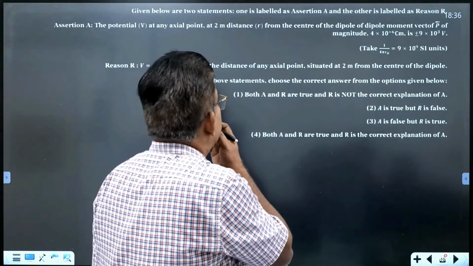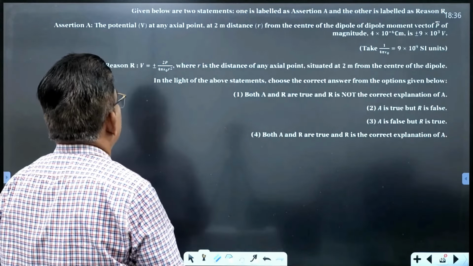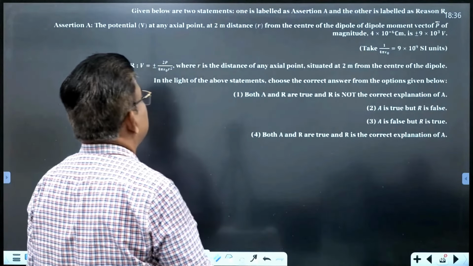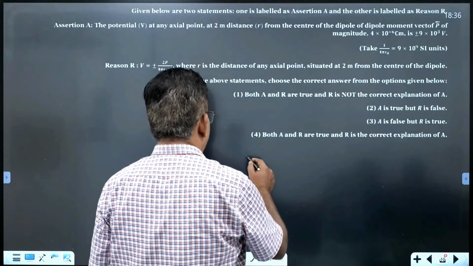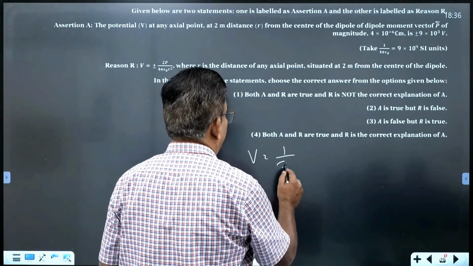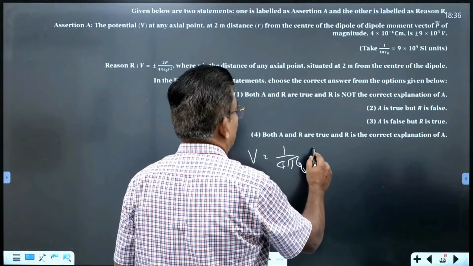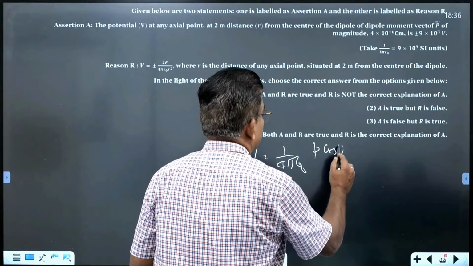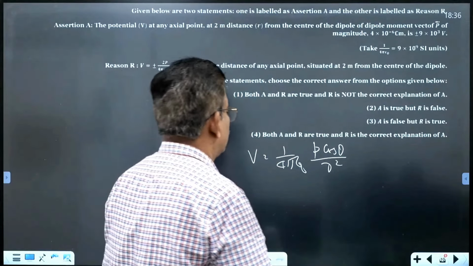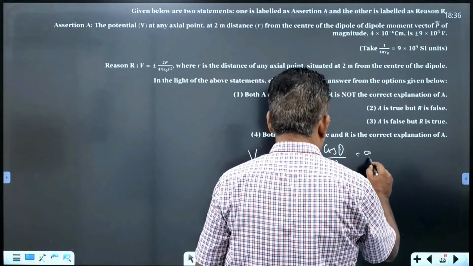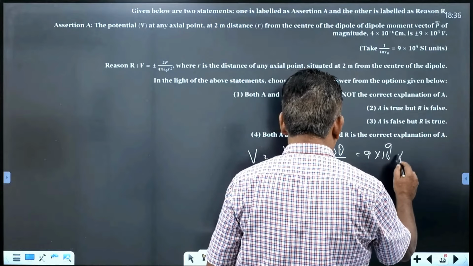So the first statement: potential at any point on the axial line at a distance r from the center of a dipole. Potential at any point is given by 1 by 4 pi epsilon 0 into p cos theta divided by r squared. 1 by 4 pi epsilon 0 is 9 into 10 to the power of 9.